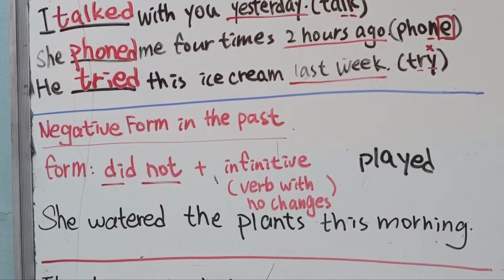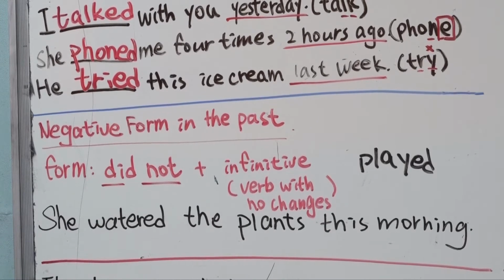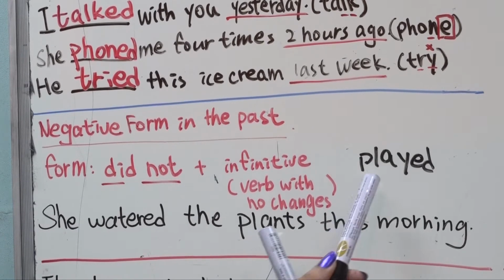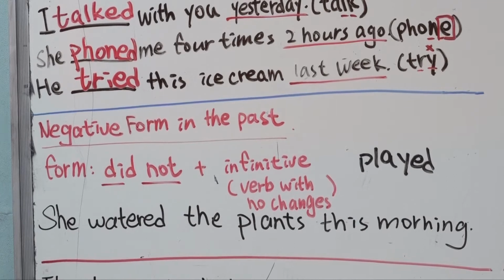Is this an infinitive? So Miss Sophie told you that an infinitive is a verb with no changes, right? A verb with no changes. This is a verb. What verb is it? This is played.